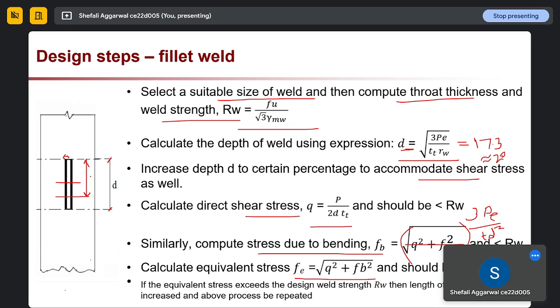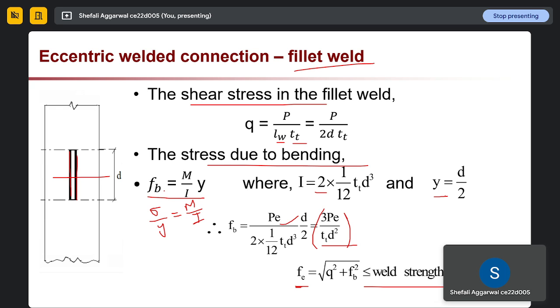If our D value is 3/4 of D, then our Y value will be 3 by 8 of D. In the same way, this FB value will be changing.